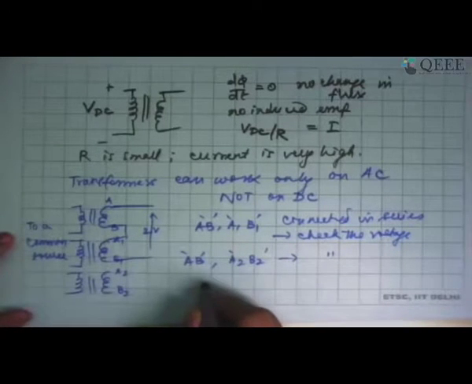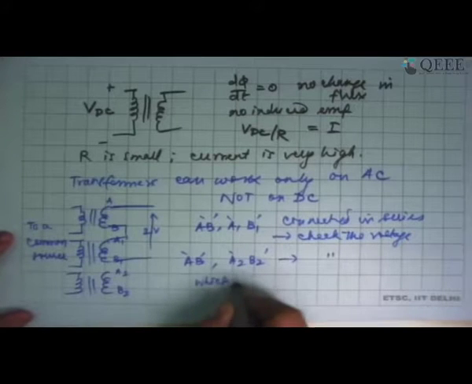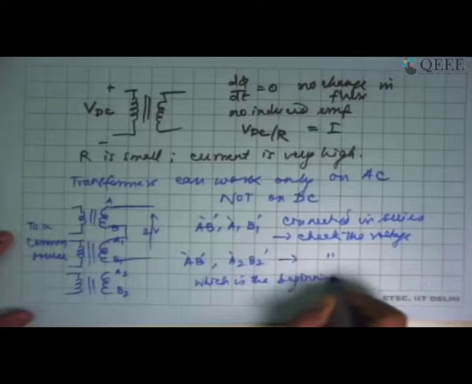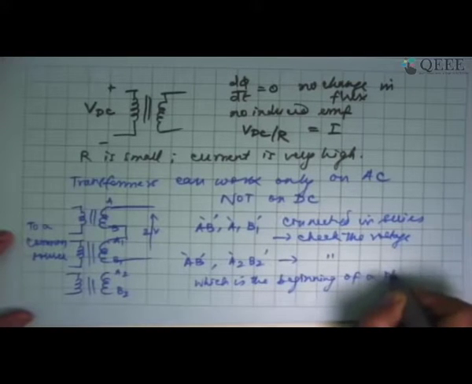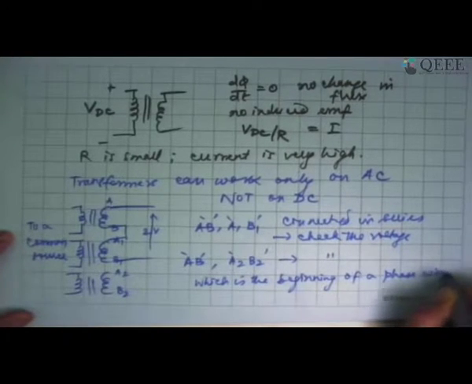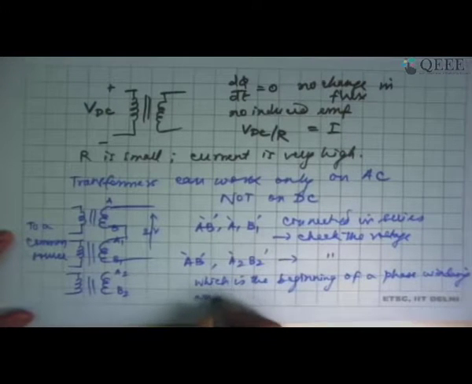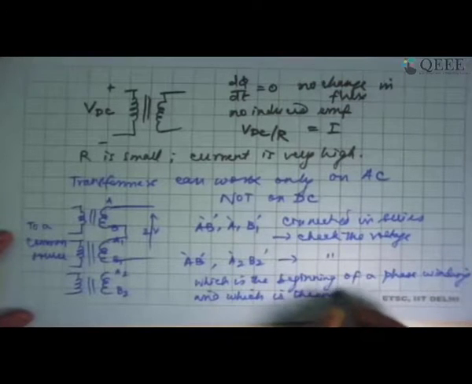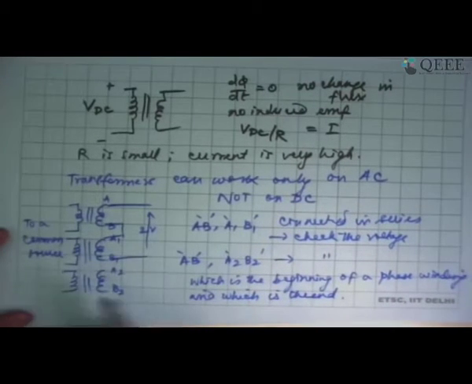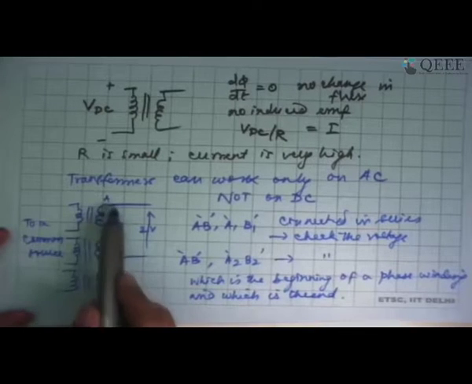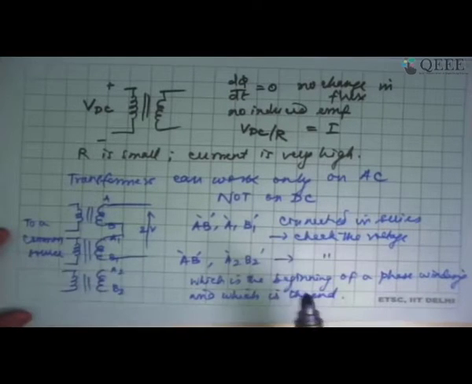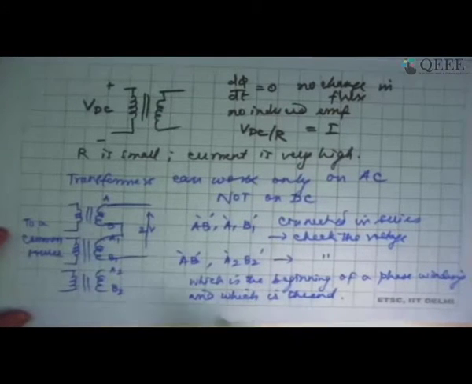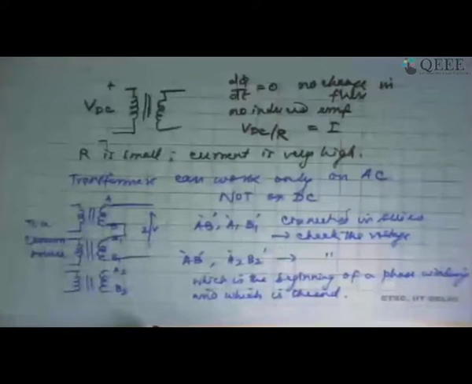So I will get which is the beginning of a phase winding and which is the end. If I have these clearly marked out, then I can connect them in star or delta. In star, I connect all the beginnings together, and all the ends are left out. In delta, I connect beginning to end, and so on. So I can definitely connect them in star or delta using this.